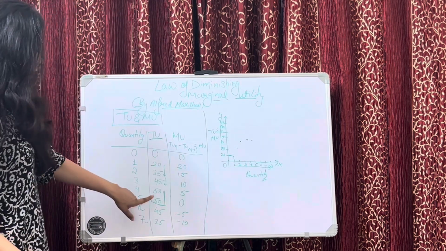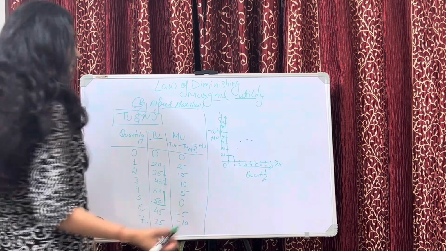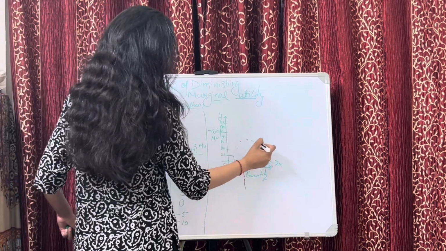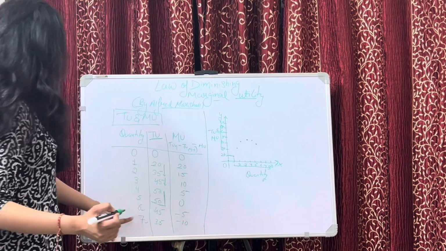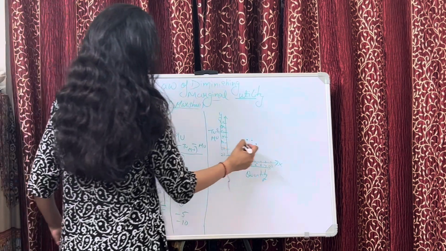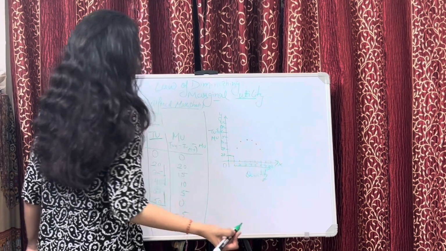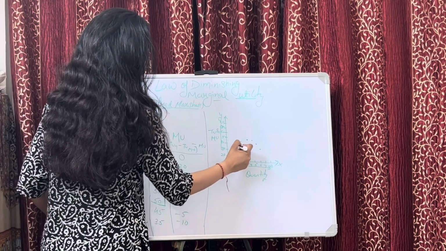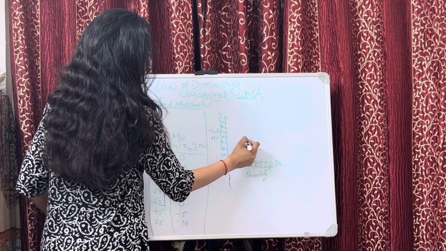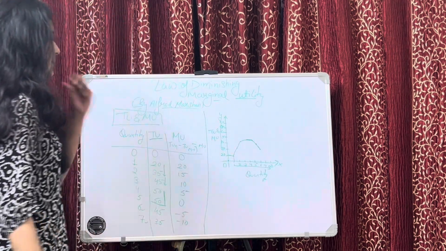And afterwards it starts falling, like at the 6th unit of commodity it's 45, okay. So at the 6th point we'll take it here. And at the 7th point it is 35, so we'll take it here. After joining all these dots, we get a diagram somewhat like this. This is constant and it starts falling, okay.